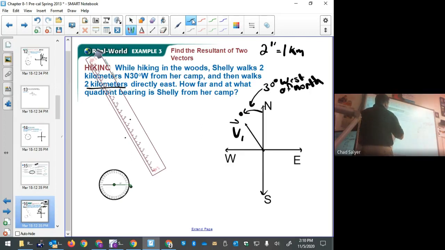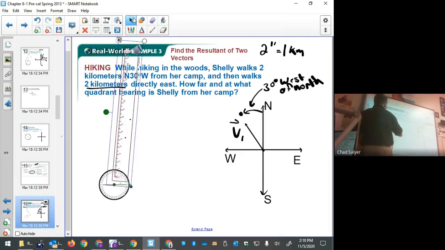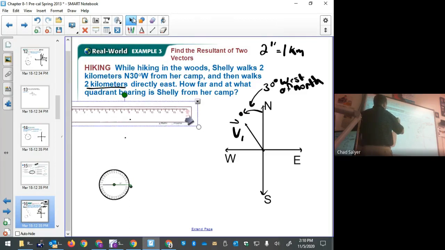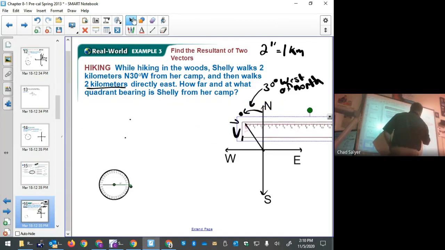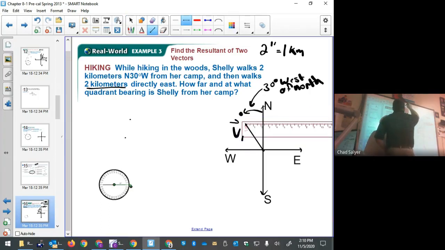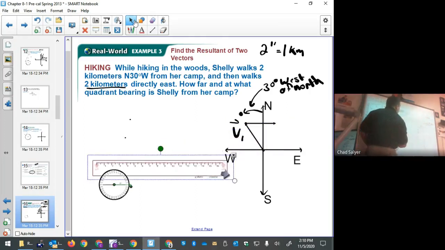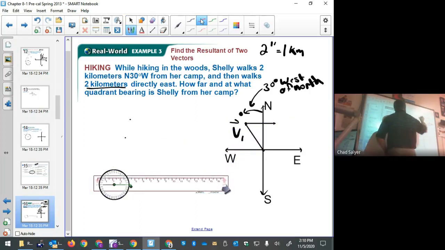So I need only make my straight edge perfectly horizontal, and then I'll go 4 units due east. So there's V sub 2.